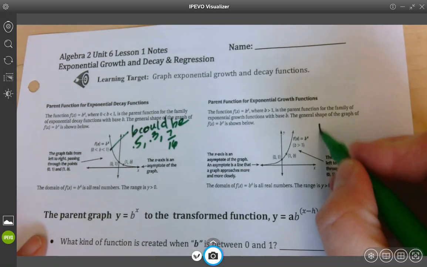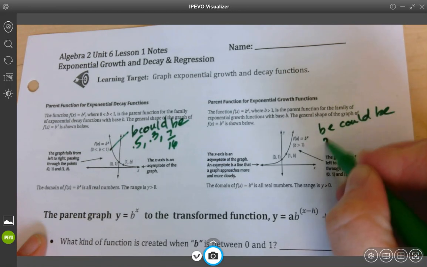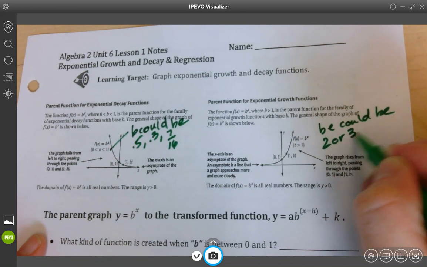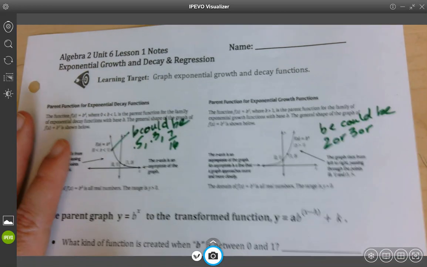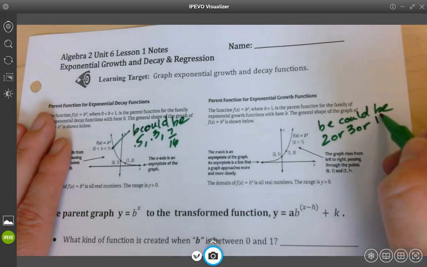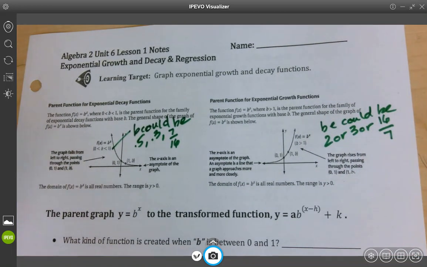So b could be 2 or 3. Or how about a fraction that's greater than 1? What if we just do the reciprocal of Gabby's? 16 over 7, right? 16 over 7 is a fraction, but it's greater than 1.